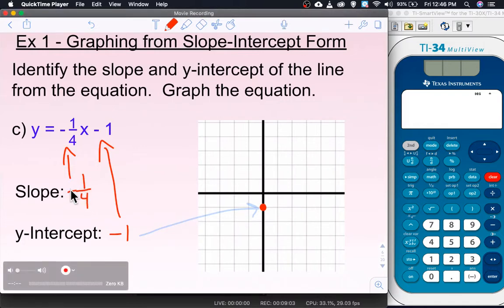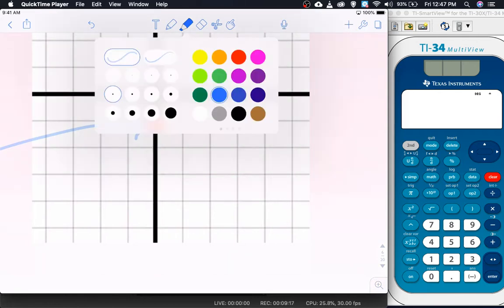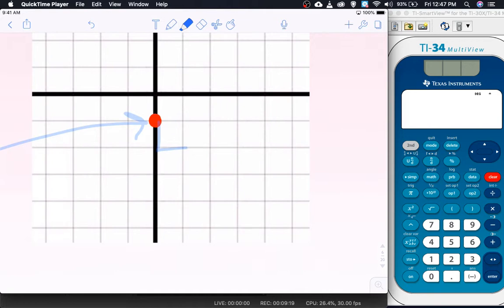It's a negative, down 1 over 4. Oopsie. So from that point, I'm going to go down 1 over 1, 2, 3, 4. Should not have been a dot there. Down 1, 1, 2, 3, 4. Dot. That's my down 1 over 4.